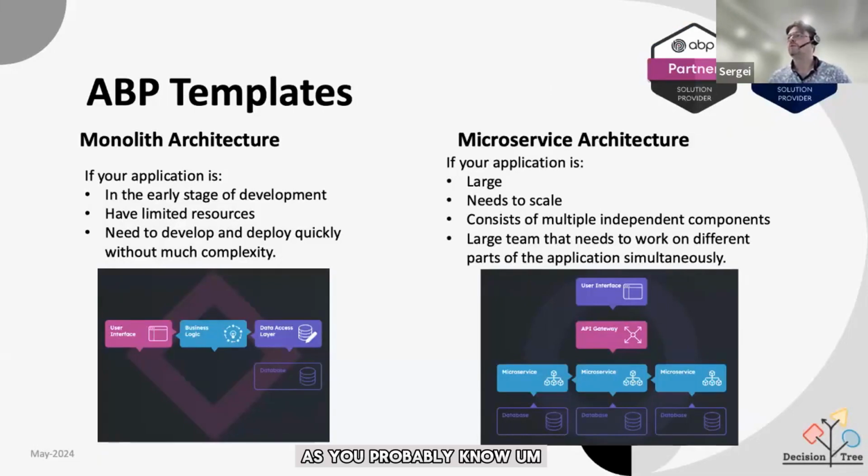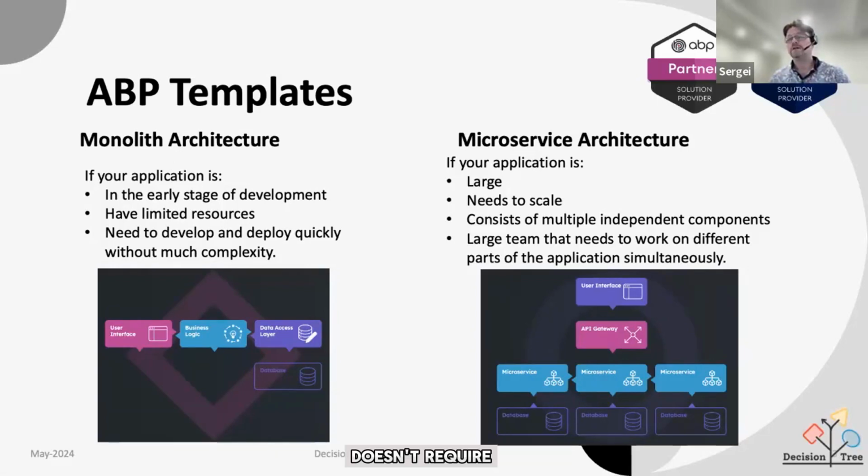As you probably know, ABP supports two major types of architecture: monolithic architecture, which is fairly simple to get started with and deploy your applications fast.